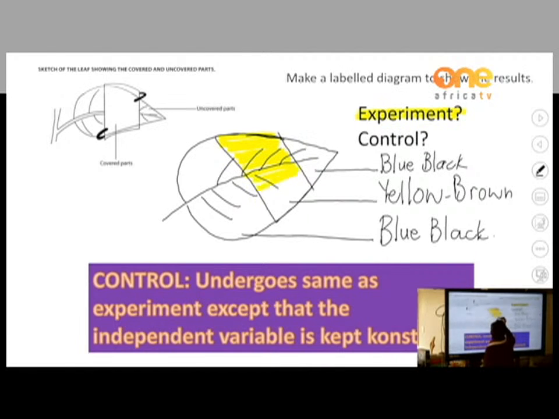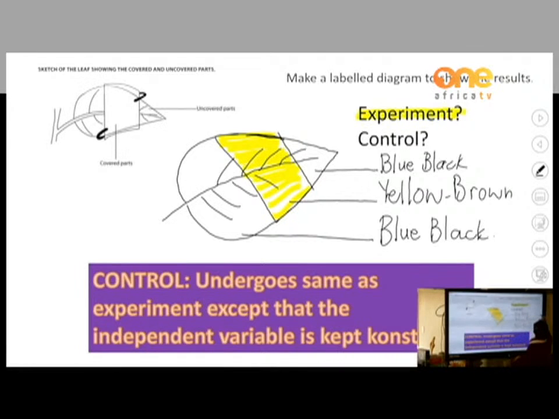Yes? That part is the experiment, because we said this part had all the requirements for photosynthesis except the factor that is under investigation.